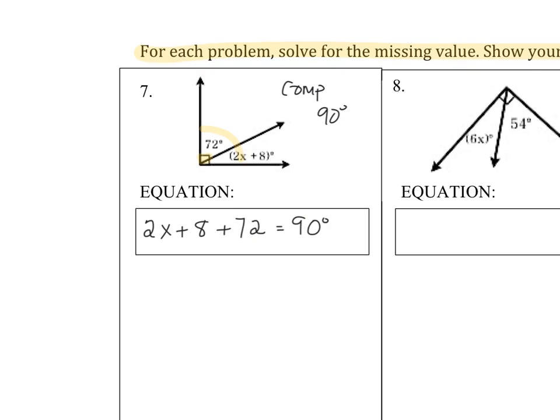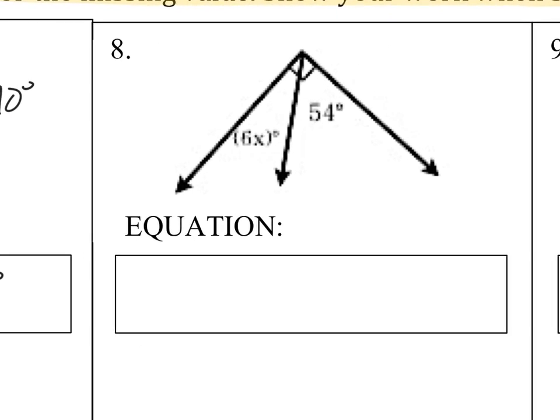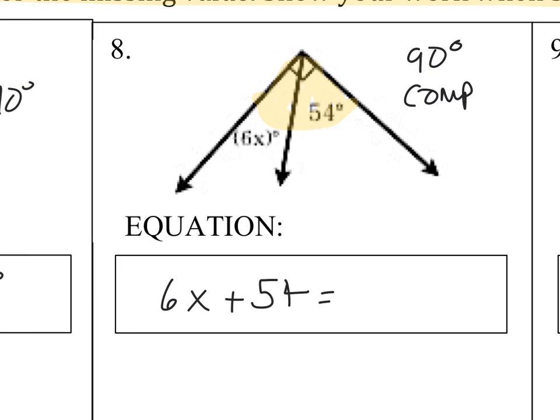Okay, I'm just going to set up this equation here before we solve. How about this one? There's a 90-degree symbol right there, and so that means these two angles are going to add up to equal 90 degrees because they're complementary. So 6x plus 54 equals 90 degrees.